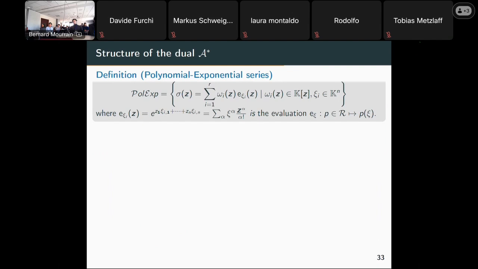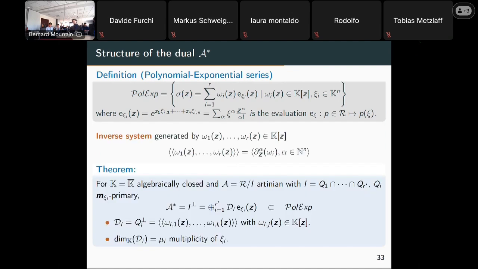Now some words about the dual of A. You recall this polynomial exponential series, where we have the omega i and these exponential terms. They are, in fact, series or linear functionals. They are living in the dual.